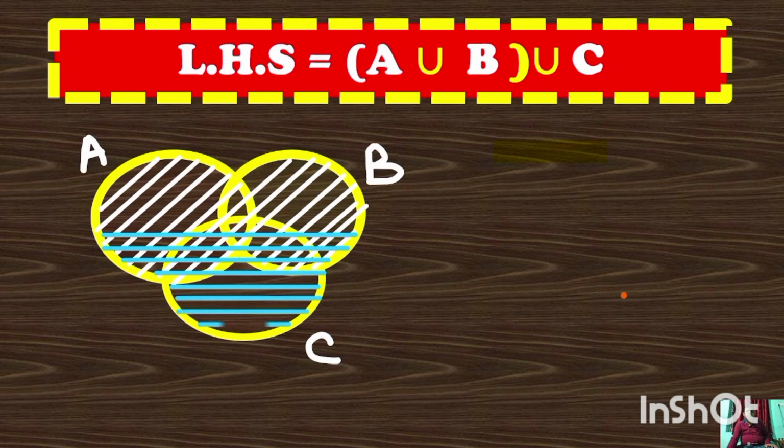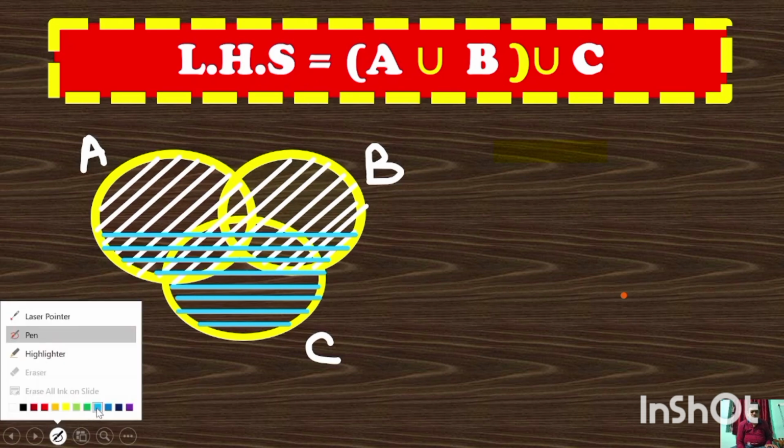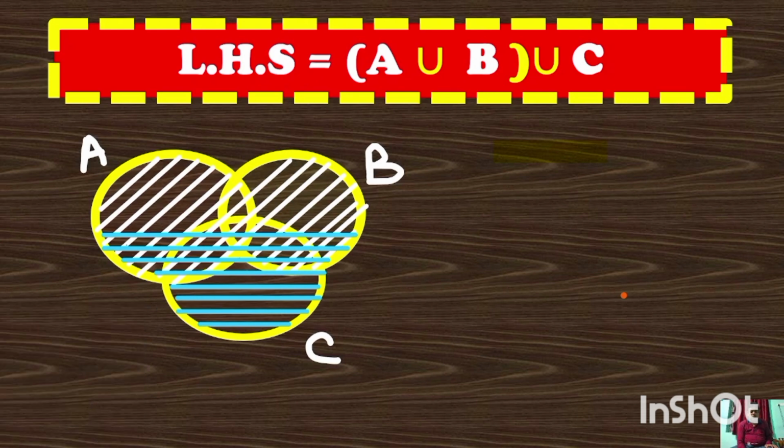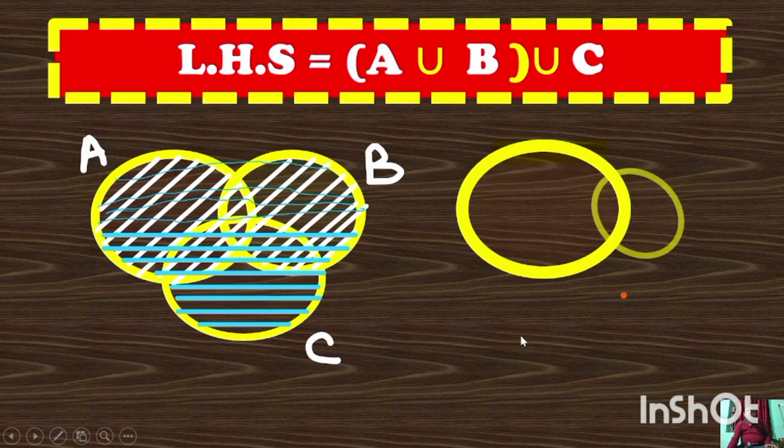The entire shaded portion, can you understand, is the elements of A union B union C. Understand? You can take all the same elements also, you can take these elements here as the set. So these are the shaded portion of A union B union C, right? And finally we shall get the resultant set.